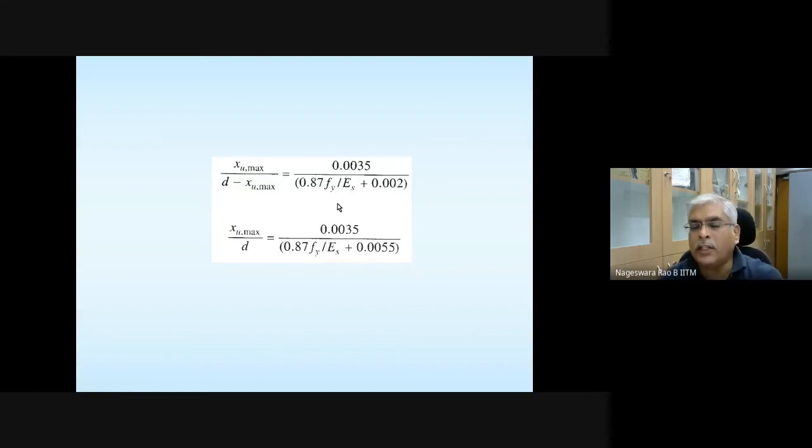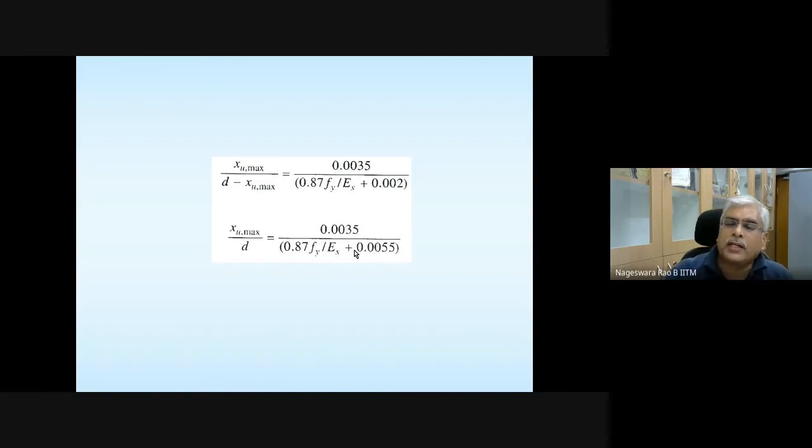So in your limit state method, once the grade of steel is given, you need to calculate Xu max divided by d. And this is for the limiting case. Limiting case is nothing but a balanced section. This is like a balanced section.